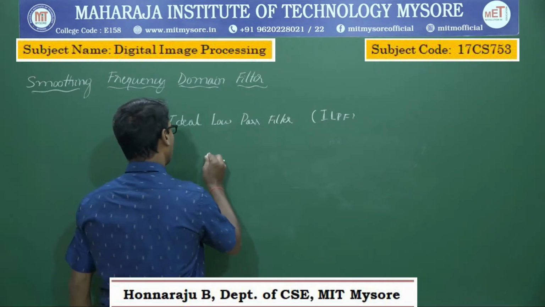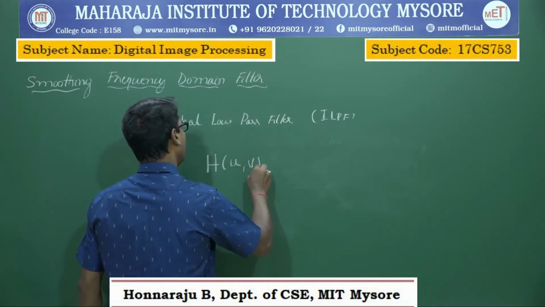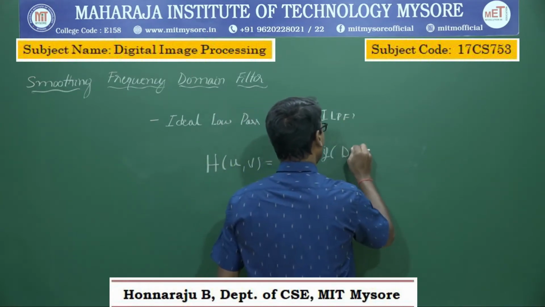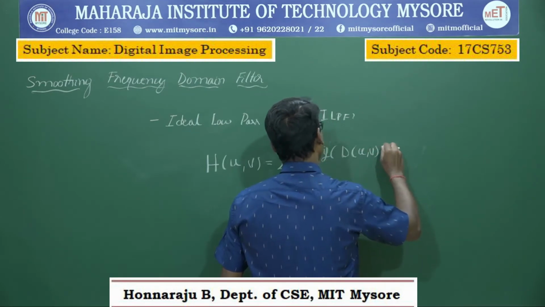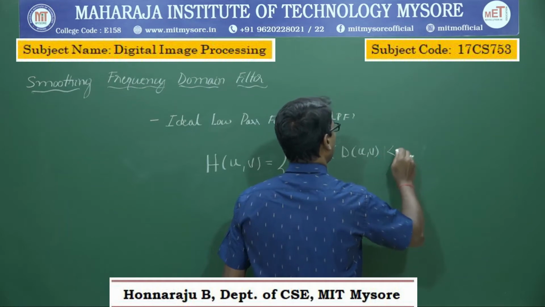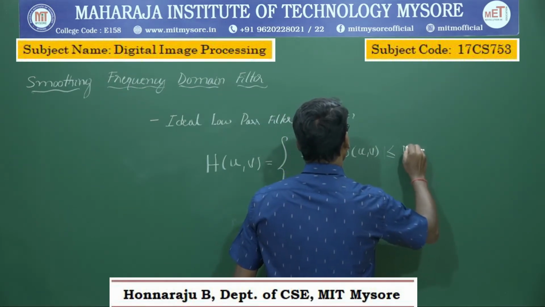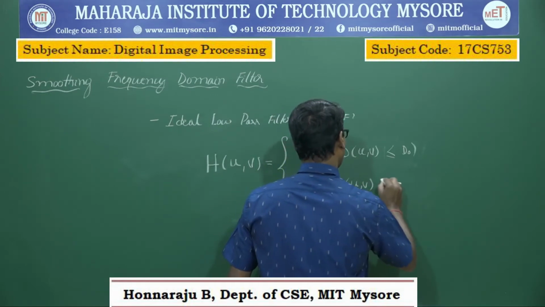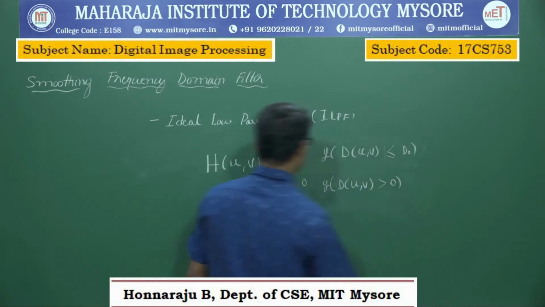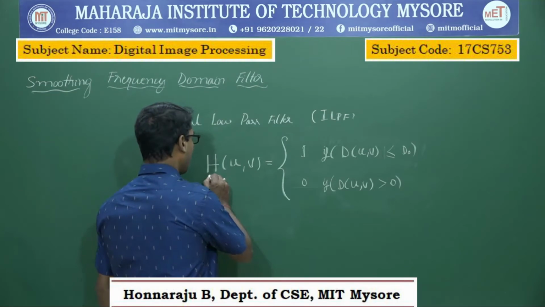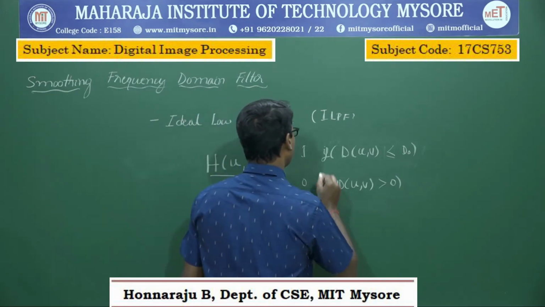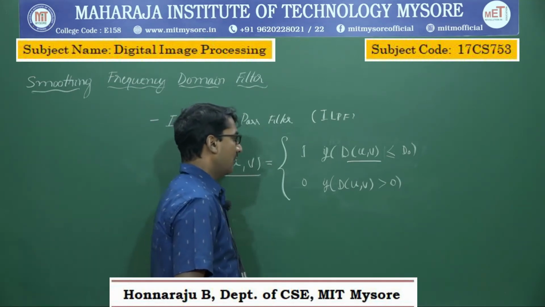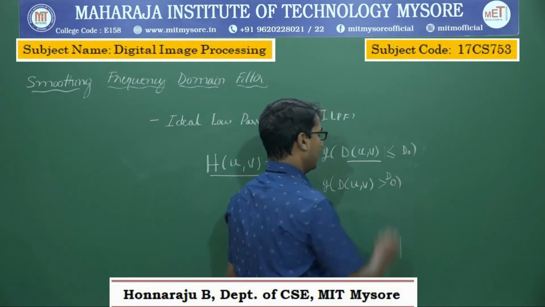The ideal low pass filter is represented by H(u,v) equal to 1 if D(u,v) is less than or equal to D0, and 0 if D(u,v) is greater than D0.